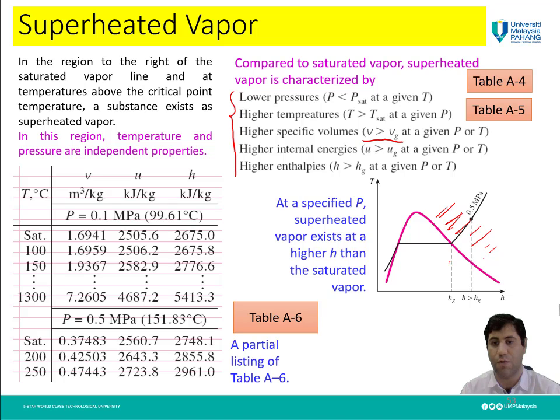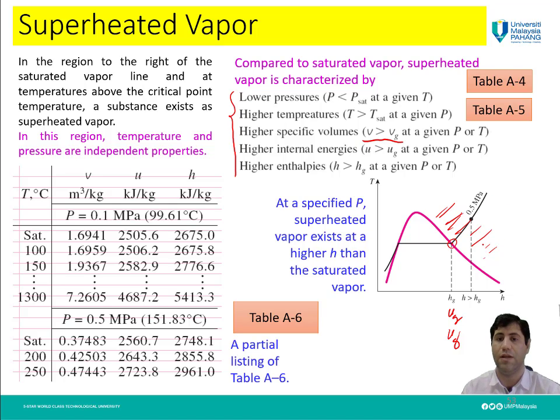So if here we have hg and also ug, and vg at this point, for example, for this pressure, if the h, u or v which we have is higher than that for the saturated vapor, it means it is in the superheated region.